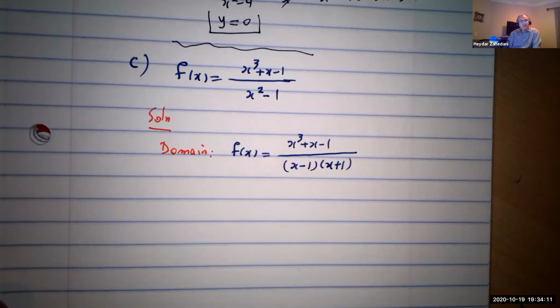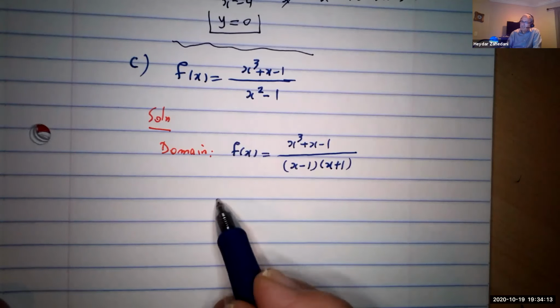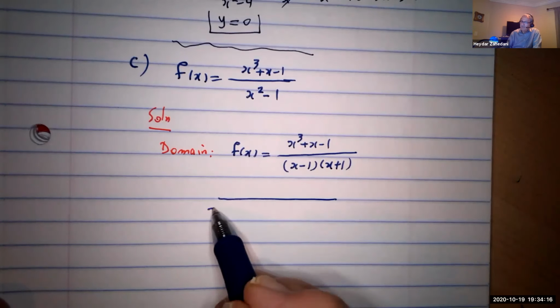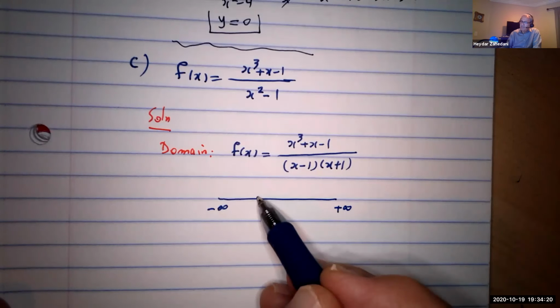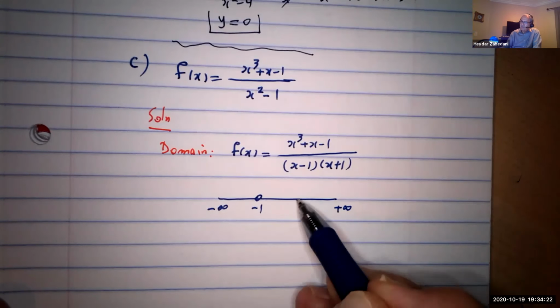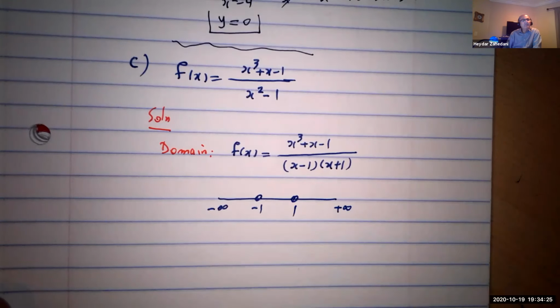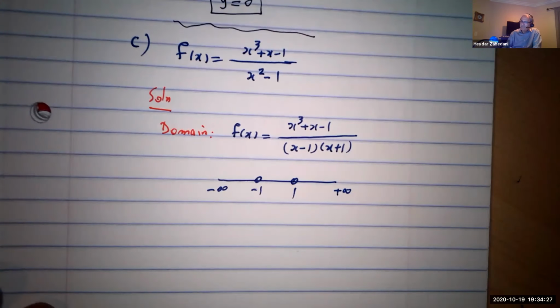So we have to exclude these 2 numbers from the domain. This is it: negative infinity, positive infinity. You don't have to draw it out, but I do it with negative 1, positive 1. So you have to take these points out.